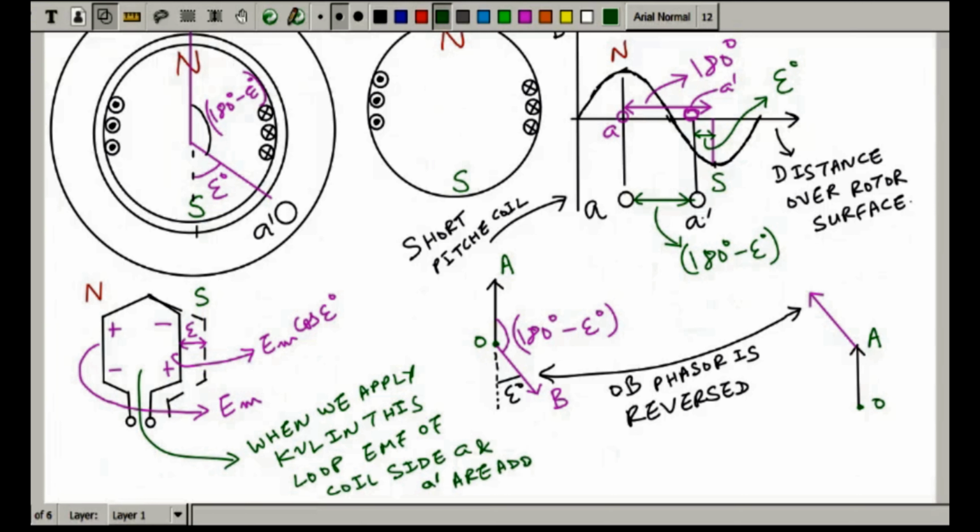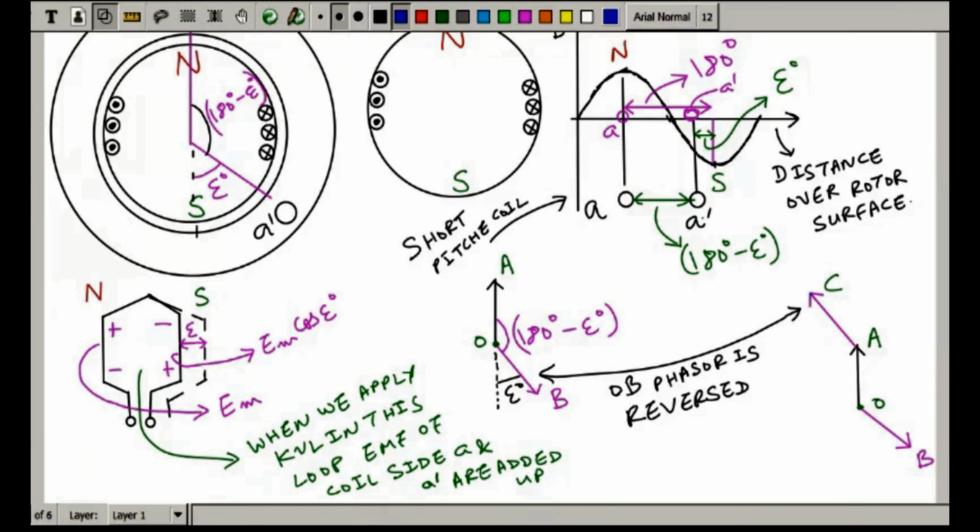So that's why we are reversing it. So let this point be called C. Okay, so actually this OB is like this only. This thing is OB, but it is actually reversed here.